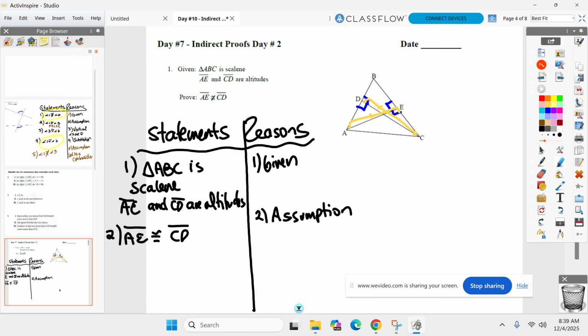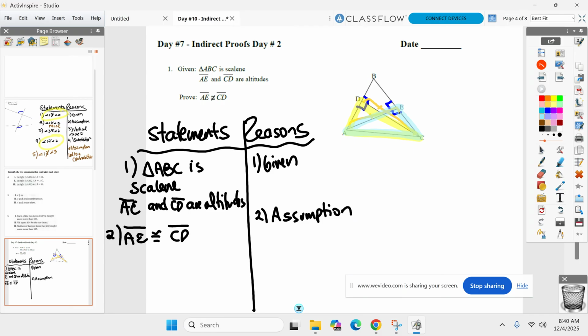Okay, here's what I'm seeing from some of you right now. A lot of people are highlighting this triangle with this one. If I say CPCTC, will that give me a pair of sides?